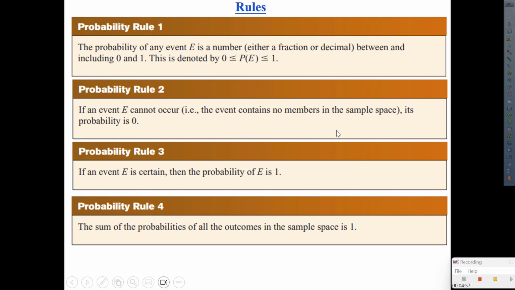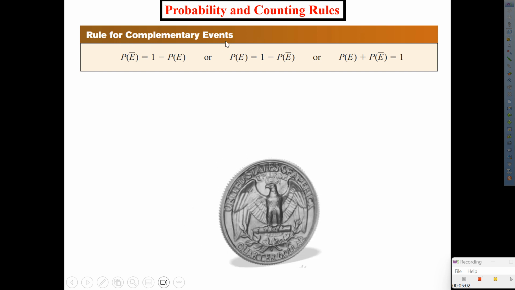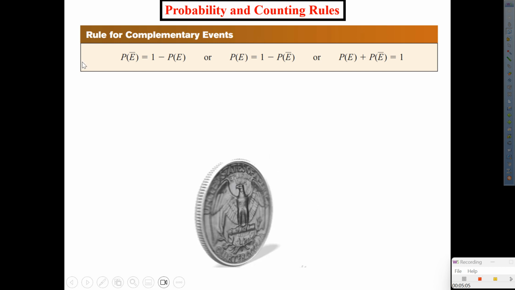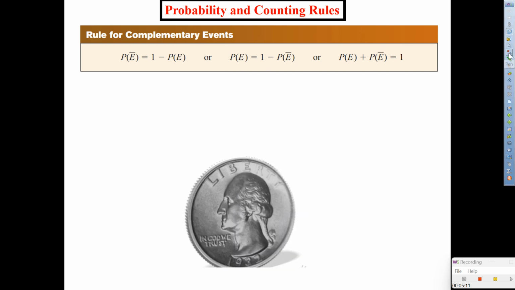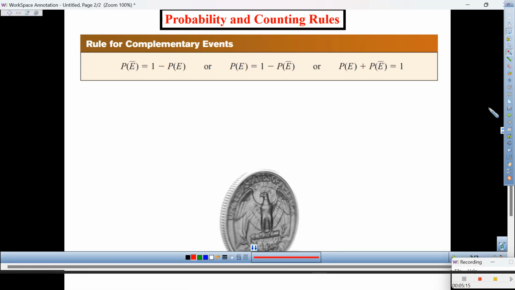So today we're going to add one more. Copy this, please. Rule of complementary events. Notice here, I'm going to start with the middle one. It says P of E, probability of an event, equals 1 minus probability of E with a bar. Do you guys see this E with a bar right here?